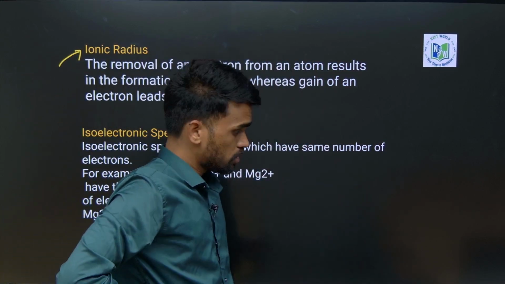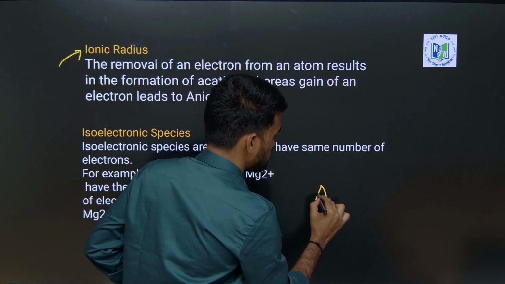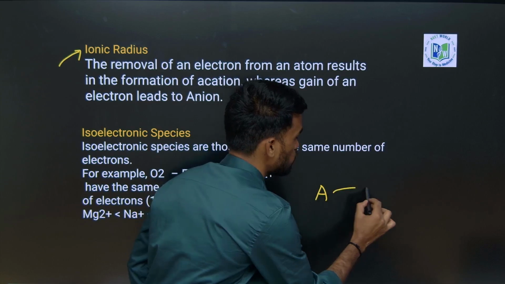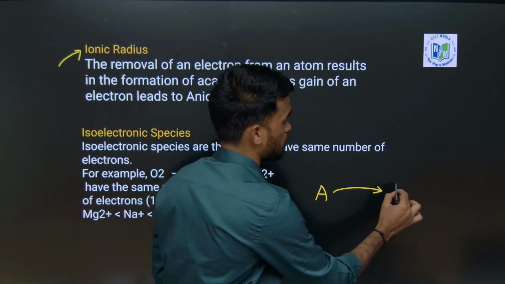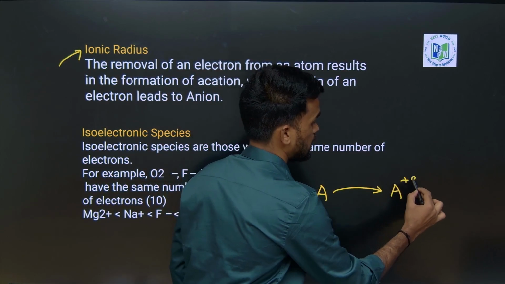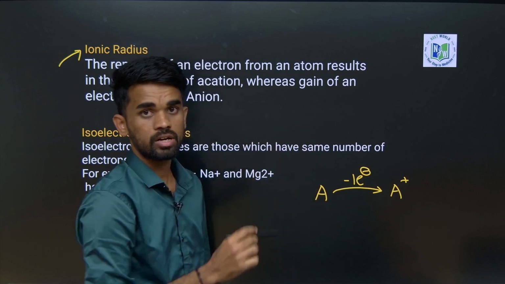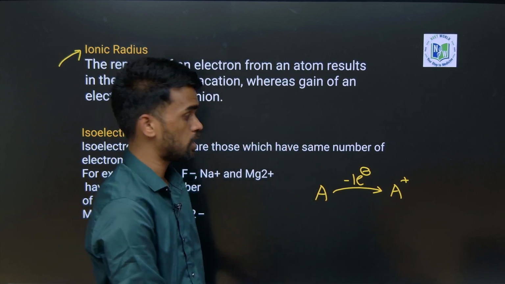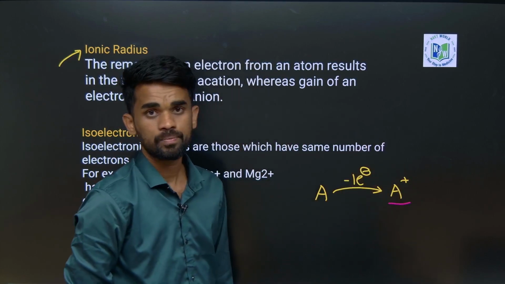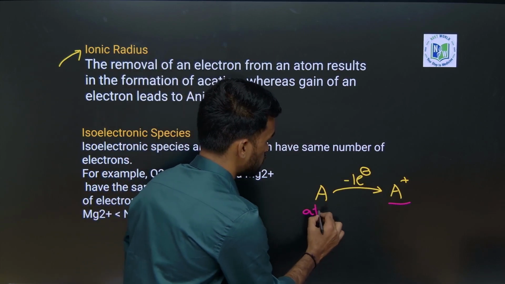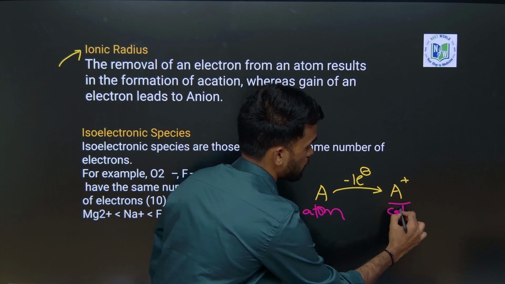So now let us say A is an atom. Now if we remove one electron from A, it will become A plus. What I did here, I removed one electron, minus one electron. Therefore it becomes a cation. Okay, this is atom, this is cation.